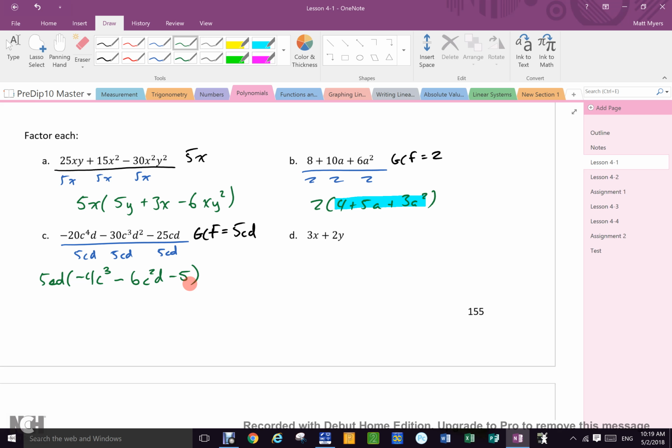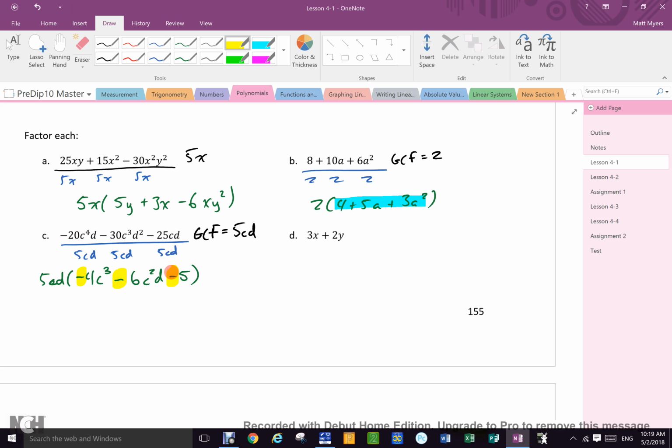Now, what do you notice there, and there? A negative is common to everything, yes? So in this case, if you can remove a negative, it is a good idea to do so.